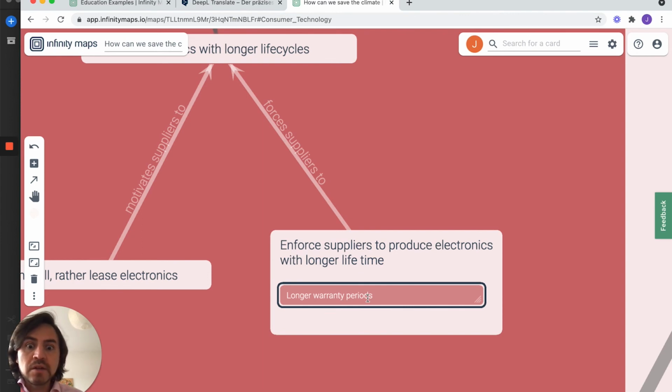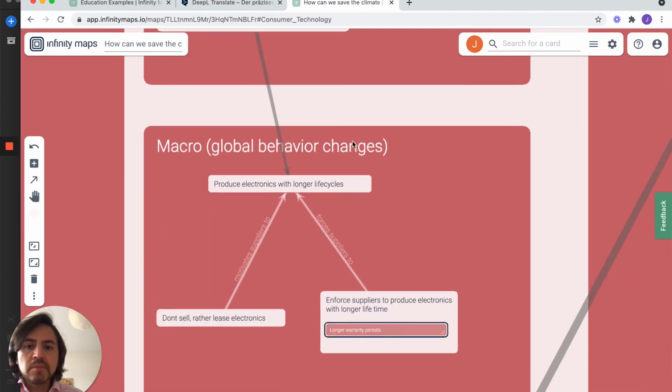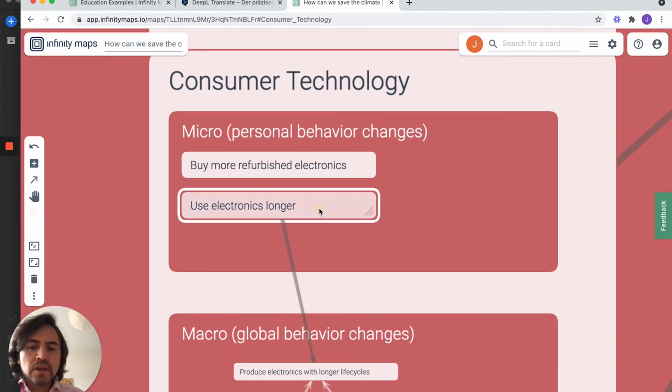Then the supplier has to produce hardware which lives longer, and by this you can use it longer, so you don't have to buy it so much, and therefore you don't produce so much waste. You also don't use so much energy for the production of these goods.